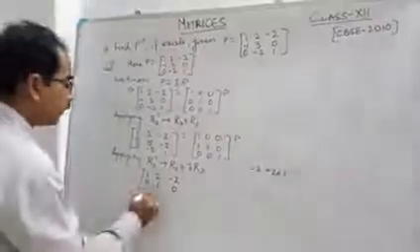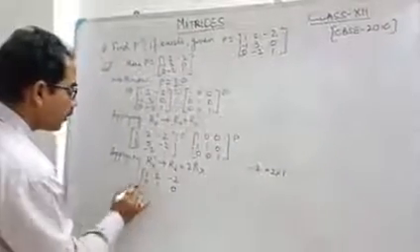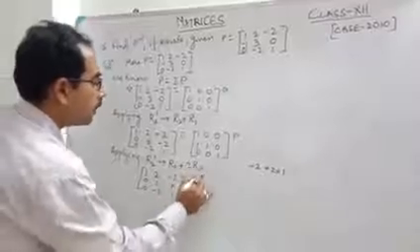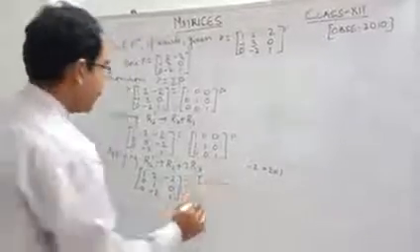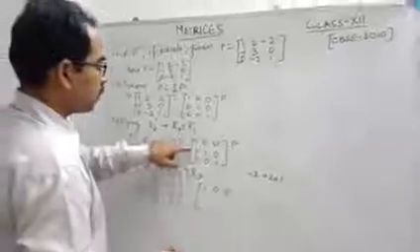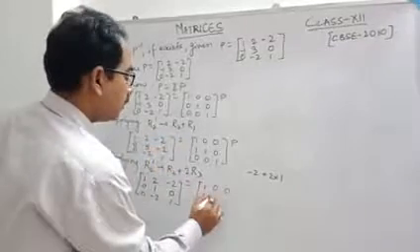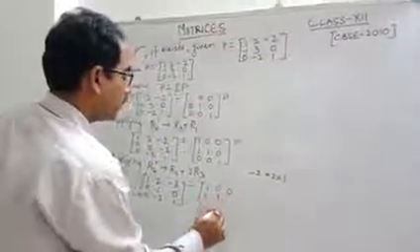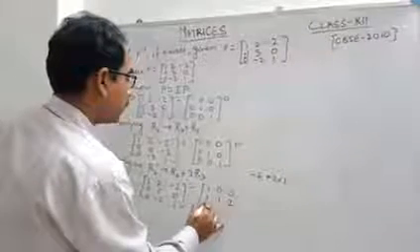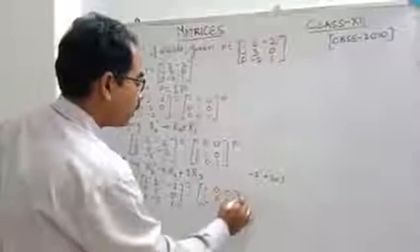Here no change, 0 -2 1. Similarly here also 1 0 0. So R2 plus 2R3, that means 1 1, 2R3 means 2 0 0 1 P.